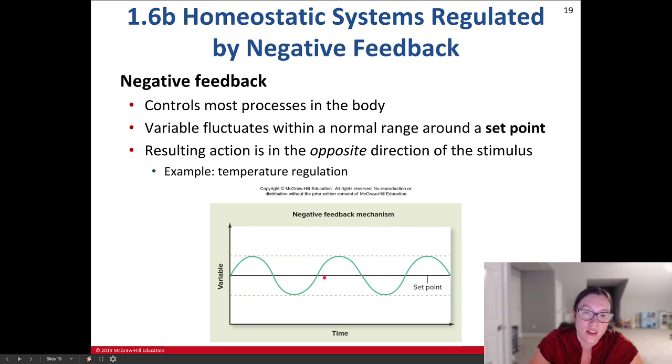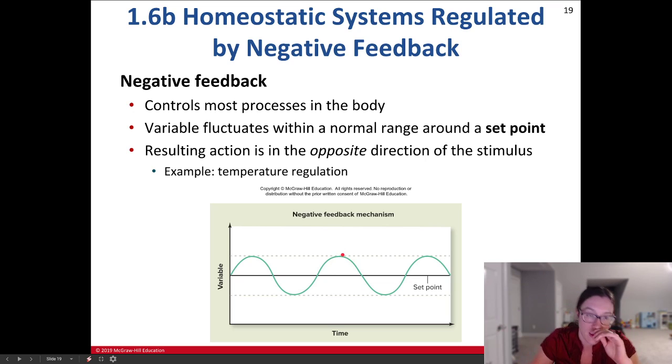And so your body is trying to maintain your temperature around that set point. And so usually if you get hot, your body says, oh, it's too hot, and it tries to cool you down. If you get cold, your body says, oh, too cold, and it tries to warm you up. And so in general, the stimulus is going to be like, oh, it's too hot. When the stimulus is going to be too high, in this case, the temperature is too high, the body's response is to lower the temperature.